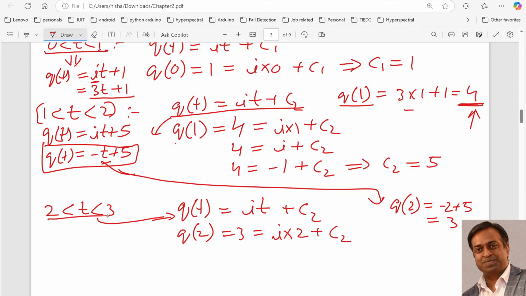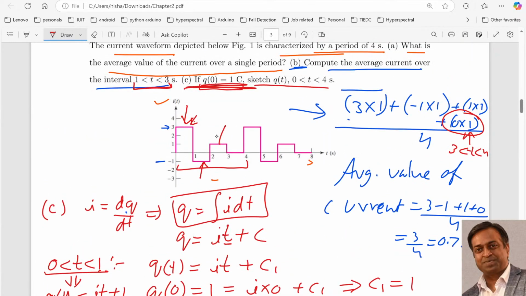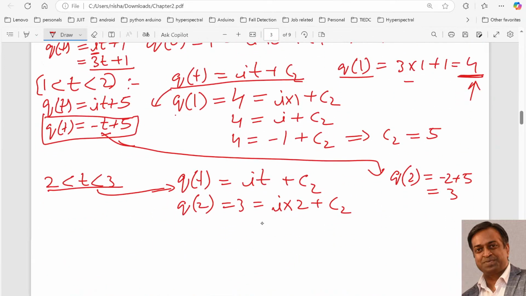Now in this range, if I look at the graph, from 2 to 3 the amplitude is 1, so it means i is 1. So I can put this as 3 equals 1 into 2 plus c3, or let me take it as c3. So 3 equals 2 plus c3, it means c3 equals 1, right?